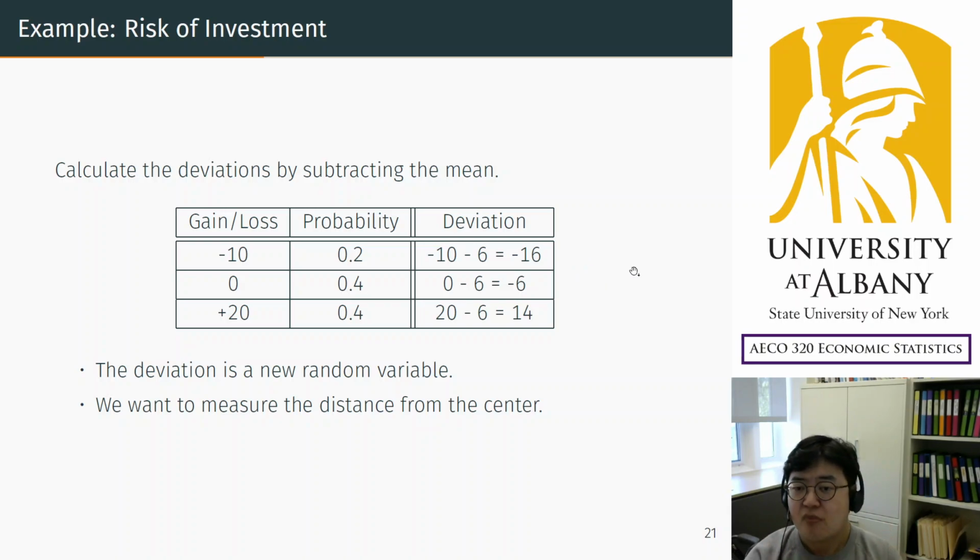And one thing I want you to observe here is this is a transformation. From the original outcome, gain or loss, you are calculating a new random variable. It is a transformation of the random variable, which we practiced in the previous chapter.